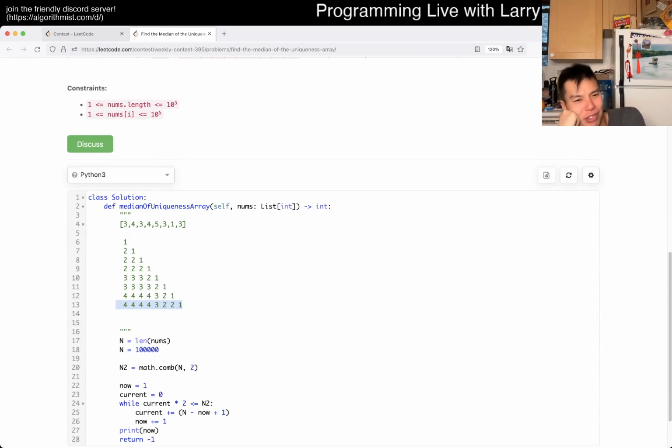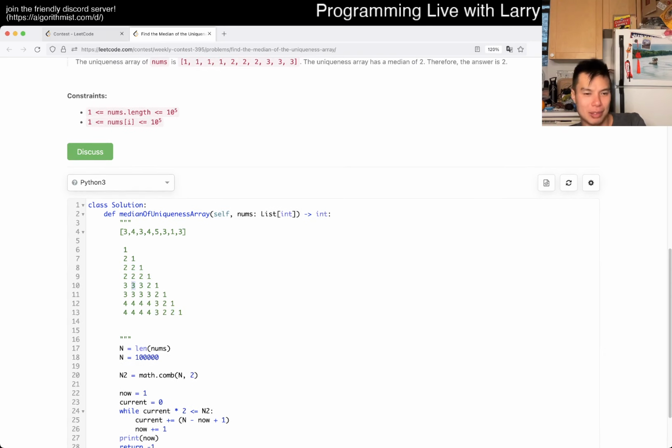Does getting the last row help anything? I don't think so, because I think the median here is like 3, or 2. Either 2 or 3, but either way, I don't know if that helps.